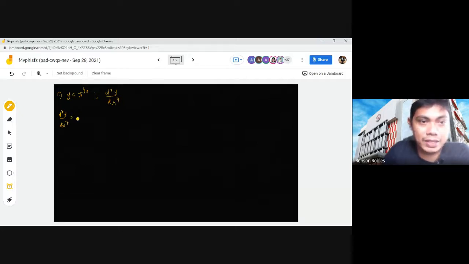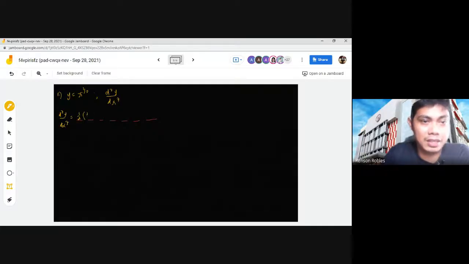You draw 7 spaces here because that's 7. 1, 2, 3, 4, 5, 6, 7. And then you start at 1/2 times 1/2 minus 1, 1/2 minus 2. Okay, basically it's 7.